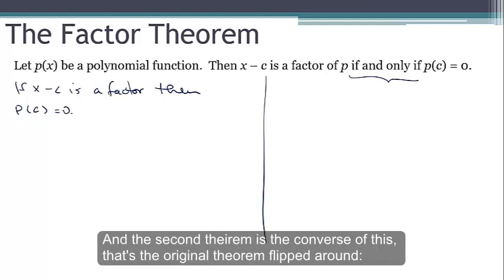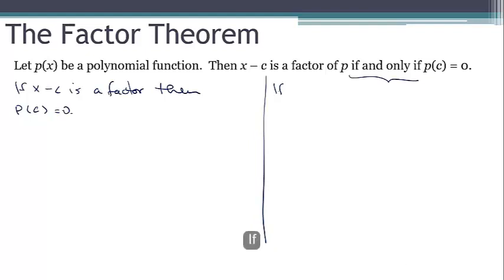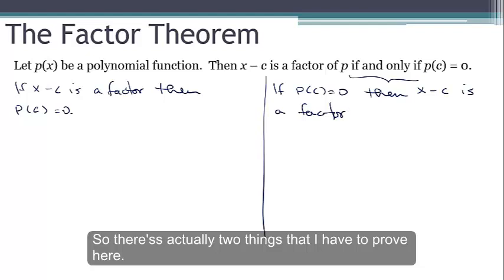And the second theorem is the converse of this. It's this theorem flipped around. If p of c equals 0, then x minus c is a factor. So there's actually two things that I have to prove here.